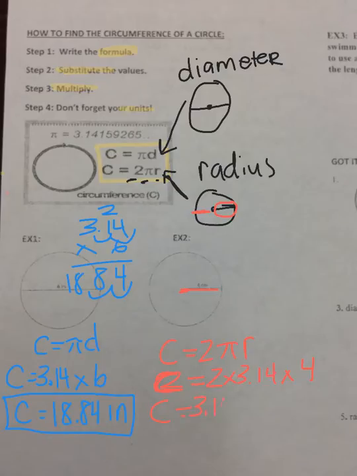I like to do any mental math first. So 2 times 4 is 8, and then multiply that by 3.14. 8 times 4 is 32, carry the 3. 8 times 1 is 8, plus 3 is 11, carry the 1. 8 times 3 is 24, and 24 plus 1 is 25. Don't forget decimal placement, it goes in 1, 2, 1, 2, so we have 25.12 centimeters.